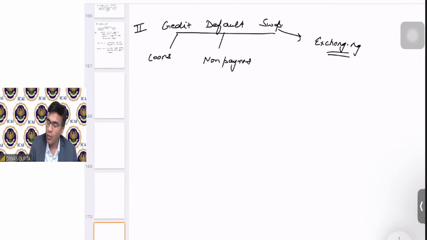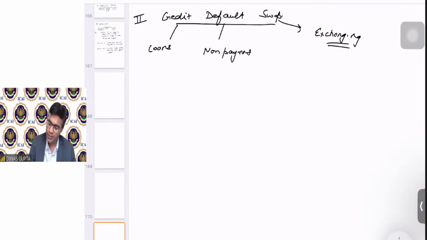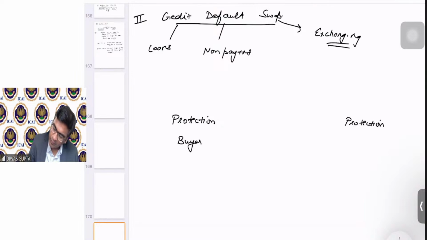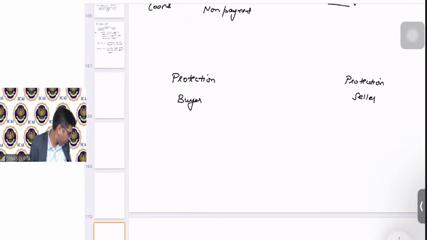Now, how does it work? Again, students, let's say there is a party called protection buyer, a protection seller, and then there is a term called reference obligation.